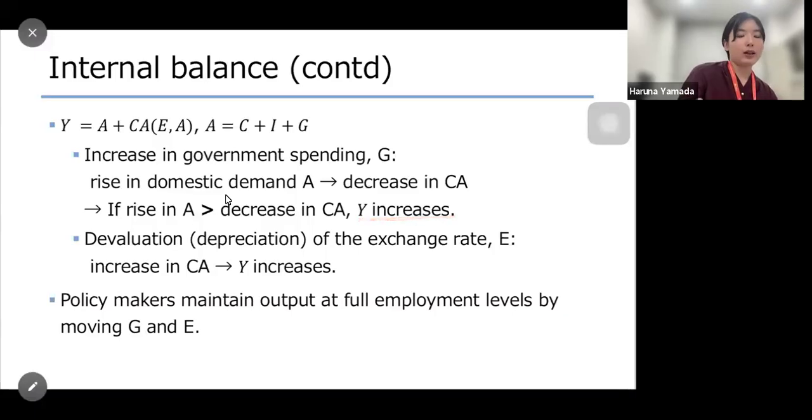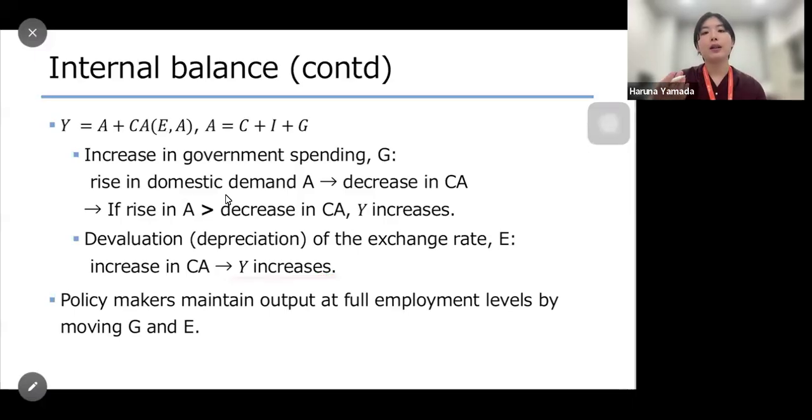Also, let's consider another case. Devaluation or depreciation of the exchange rate, E, occurs. Then A doesn't change because A does not depend on the exchange rate. The current account increases when the devaluation of the exchange rate occurs. Then Y increases.